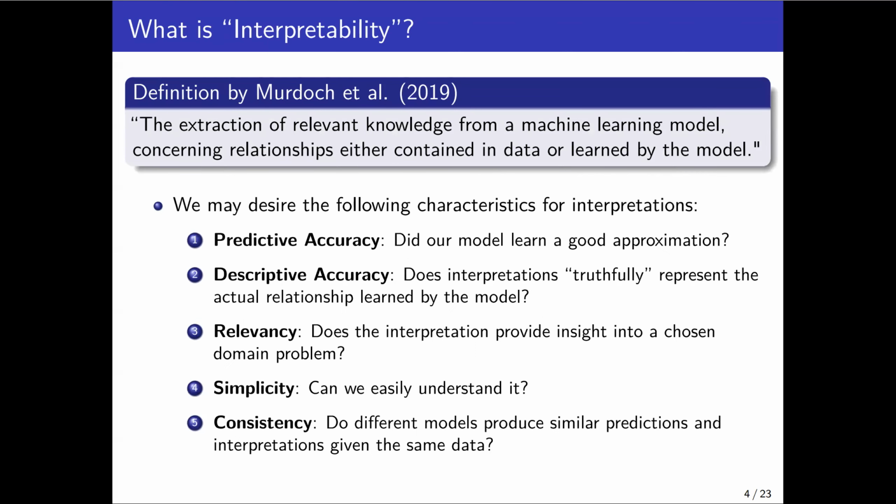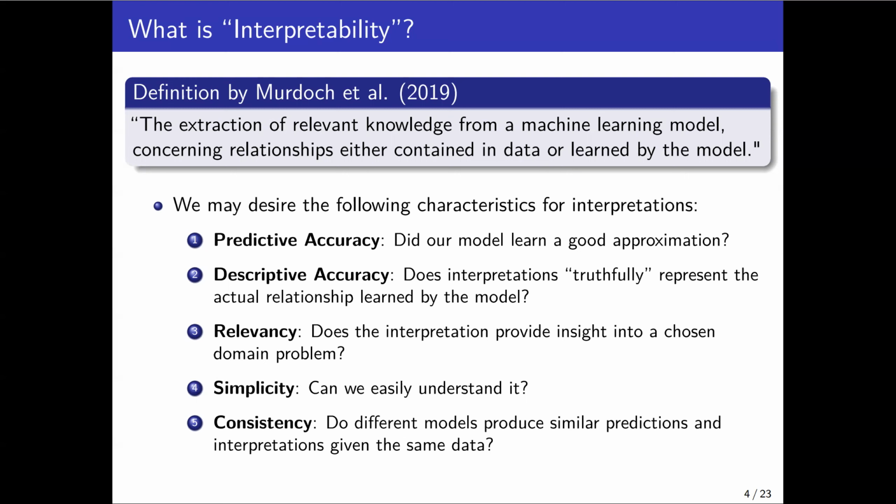Before we move on to discussing the model, we should begin with what interpretability actually means in the context of this work. Murdoch and others, in their paper on interpretable machine learning, define interpretability as the extraction of relevant knowledge from a machine learning model concerning relationships either contained in data or learned by the model.